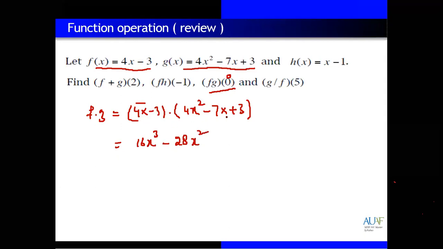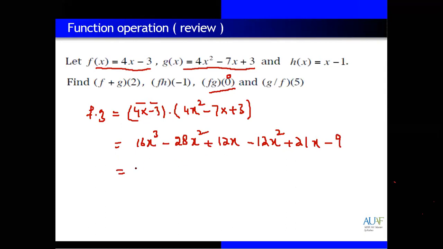Then 4x multiplied with plus 3 equals 12x. Then we have minus 3, so multiply minus 3 with all three terms. Minus 3 with 4x equals minus 12x square. Minus 3 multiplied with minus 7x equals 21x. Then minus 3 multiplied with plus 3 equals minus 9.